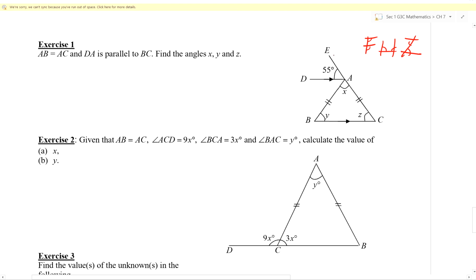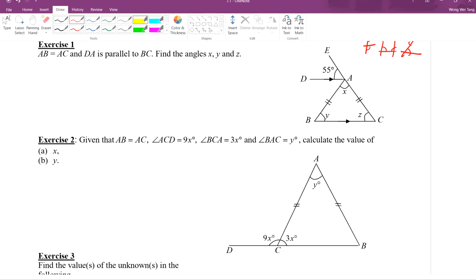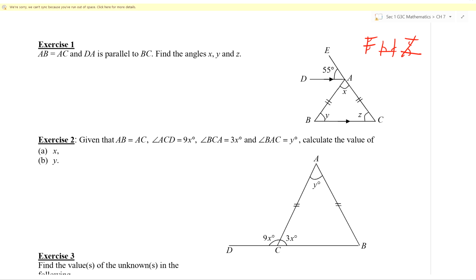Sure. First, we see that EAD is 55 degrees. Oh, I think I see a letter F. Let me highlight it for you, over here. Can you see the letter F? But it is upside down.